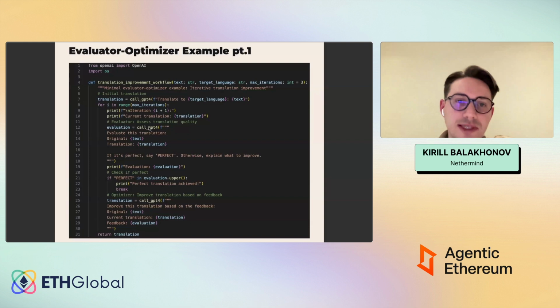We run this with GPT-4, and I made this example and tested how it looks. At first it says, well, the translation is not perfect, and these are the particular problems in this translation. After that, we take this evaluation as the feedback, put it into a separate prompt, and run it again with a prompt like: improve this translation based on this feedback.